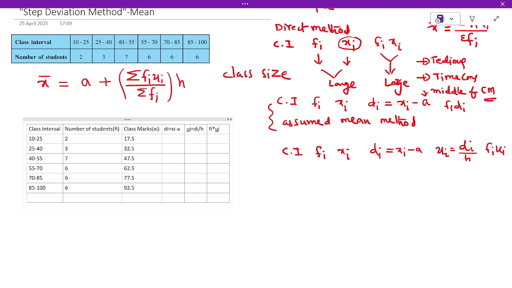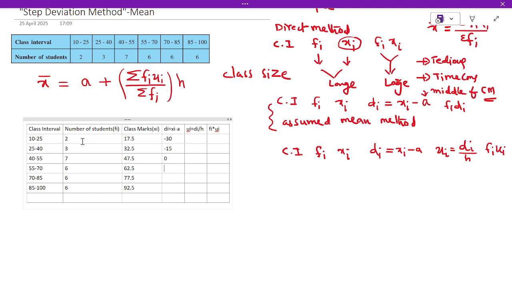These are all the class marks, and we already have the deviations from the previous assumed mean method. So this is minus 30, sorry, minus 30 it is, and then minus 15, 0.